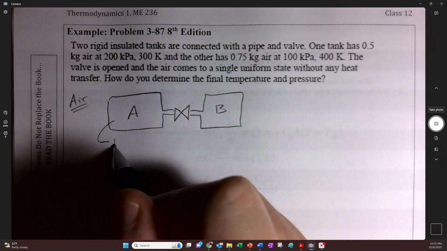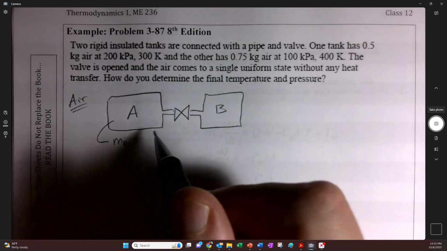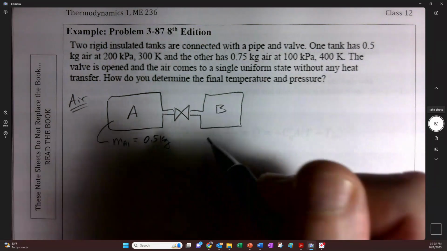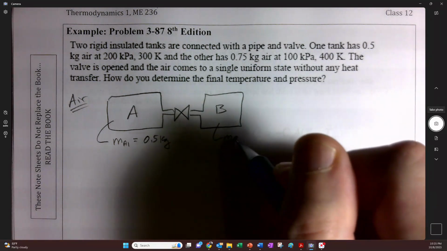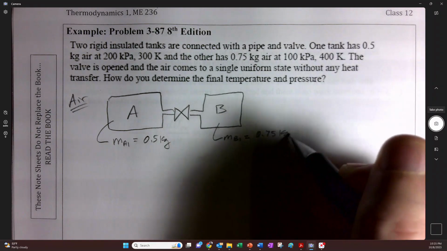The mass of A at state 1 is going to be 0.5 kilograms. And the mass of B is 0.75 kilograms.